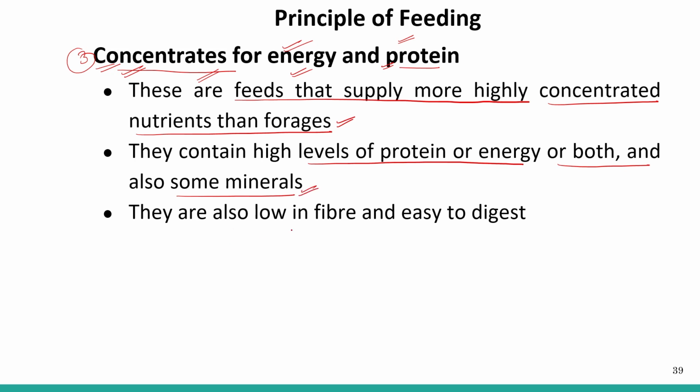They are also low in fiber and easy to digest. This is one peculiarity of concentrates, that they are low in fiber. If we compare with the supplementary forage, it contains high fiber, but concentrates have low fiber and are easy to digest.